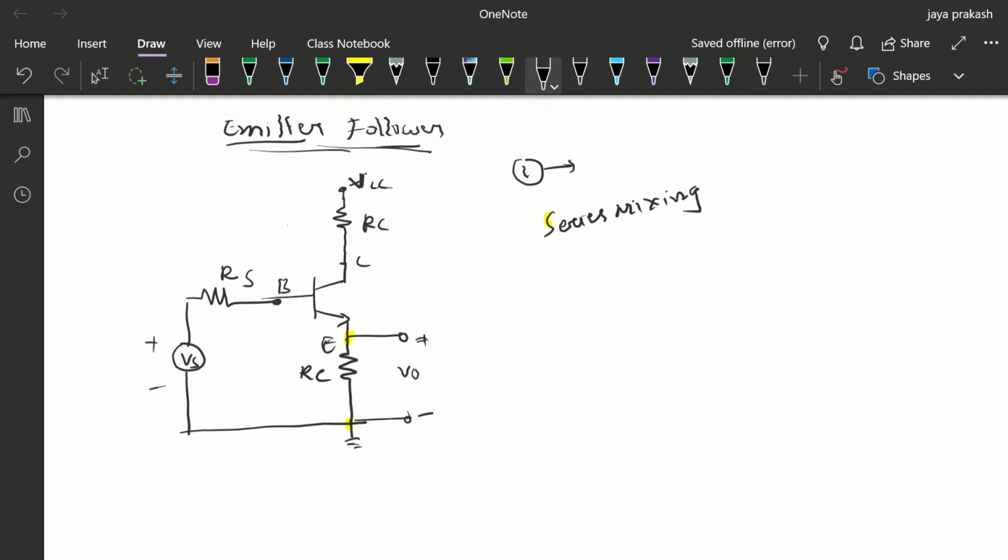because whatever the voltage across RE is in series with the input voltage Vs, right? So hence it is series mixing. And whatever voltage is taken across the RE, that is the output voltage, it is across the RE, hence voltage is considered, so this is said to be voltage sampling.